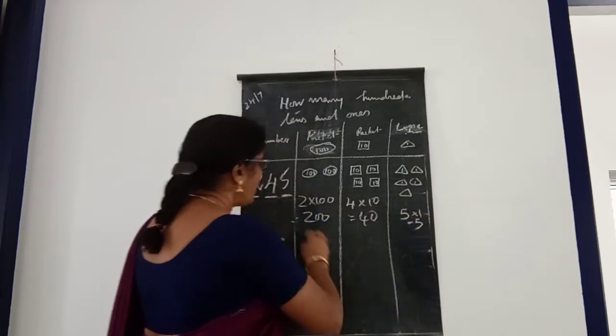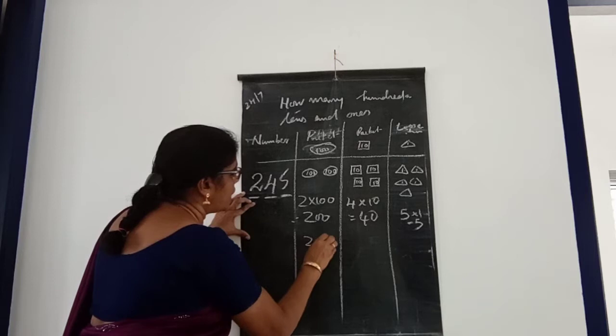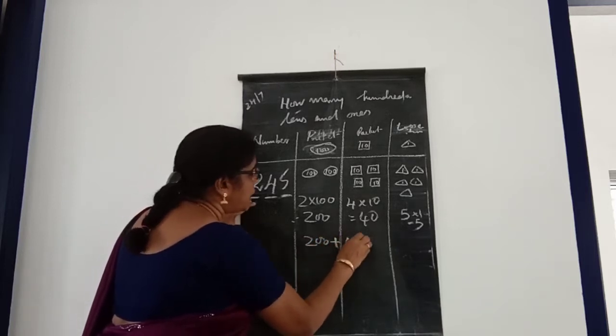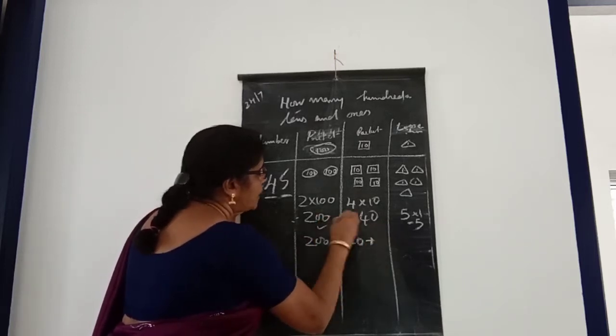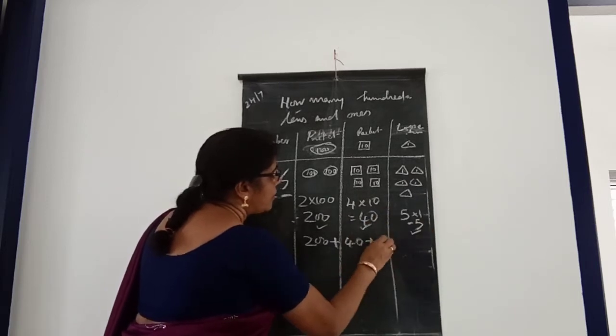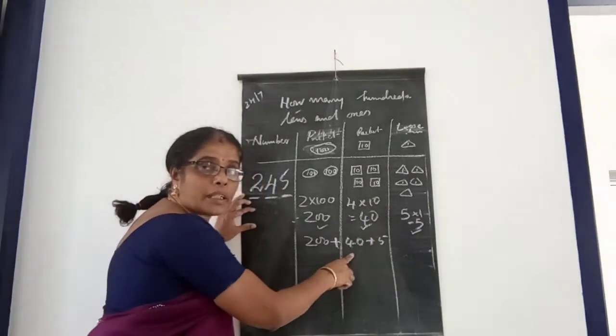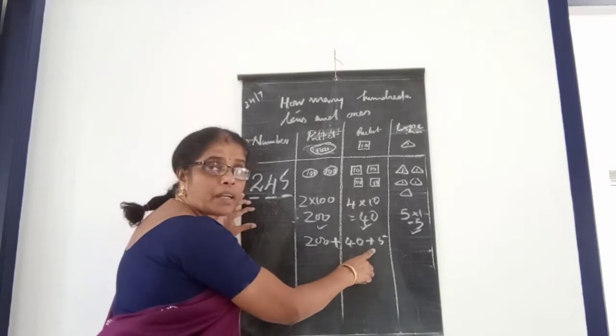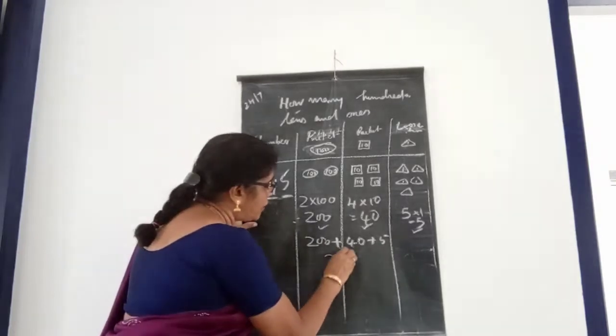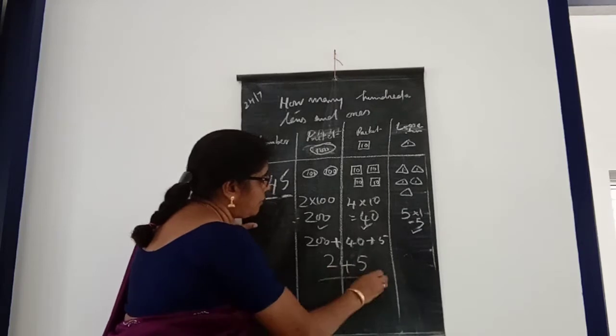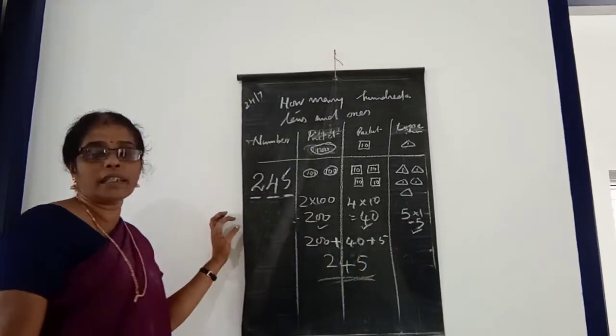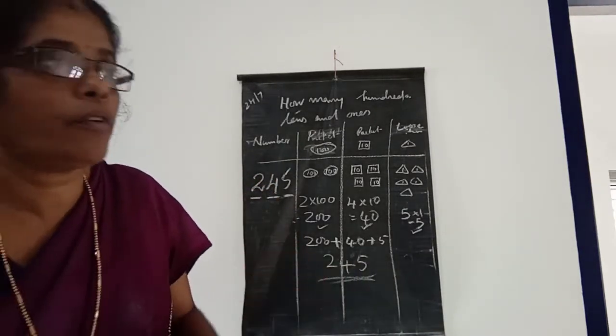Then what is the number? 200 plus 40 plus 5. 200 plus 40 is 240, 240 plus 5 is 245. Okay. Do you understand how many hundreds, tens, and ones are in that, children?